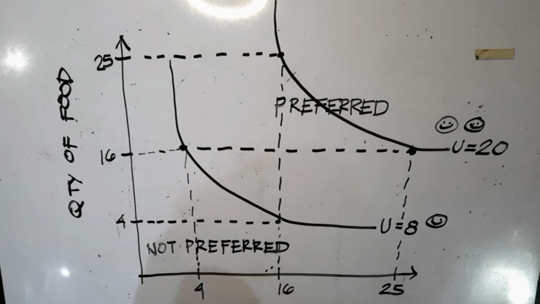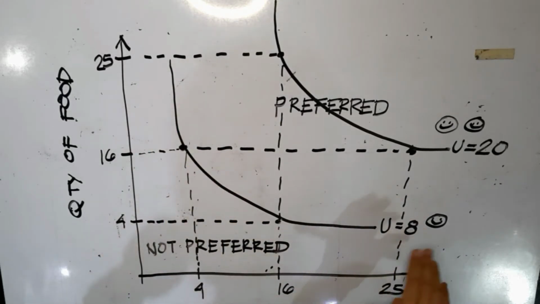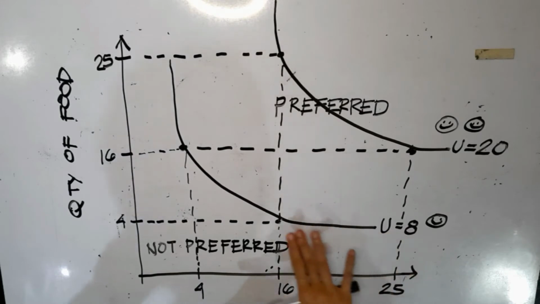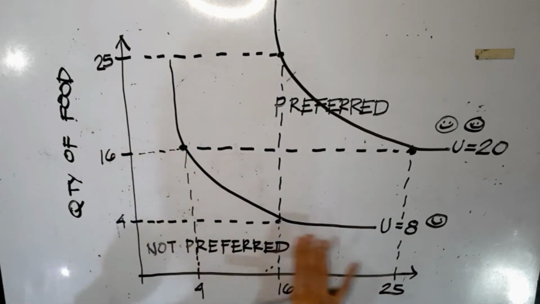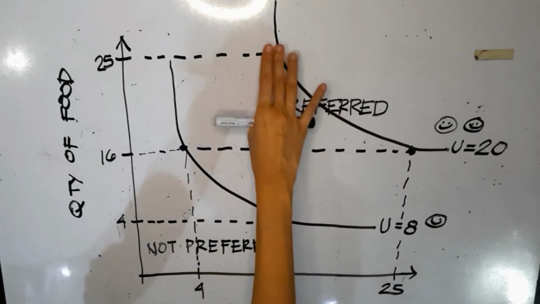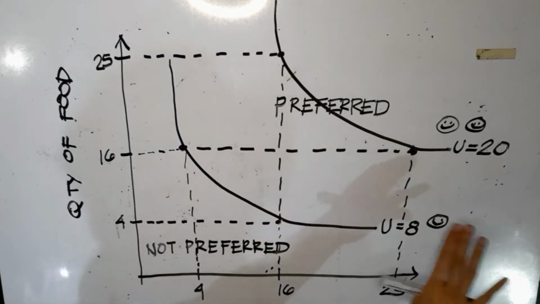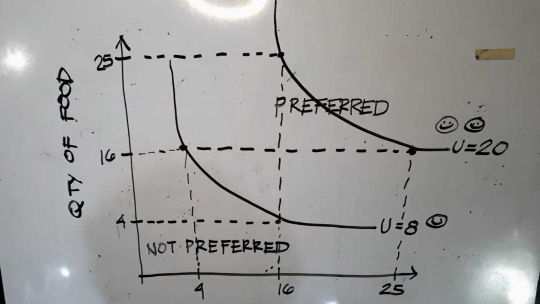So the indifference curve shows all the combinations of food and clothing that yield the same level of utility. For the utility of 8, these are the combinations of food and clothing. For the utility of 20, within this curve are the combinations of food and clothing.